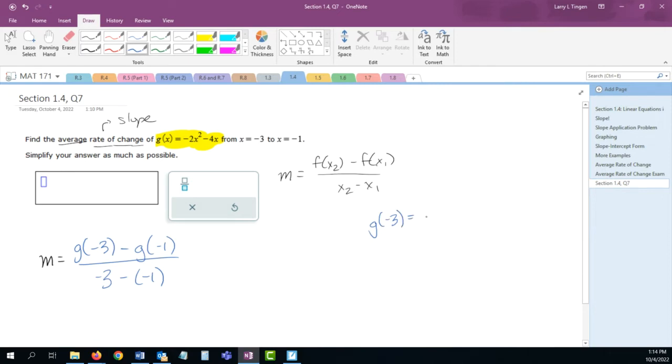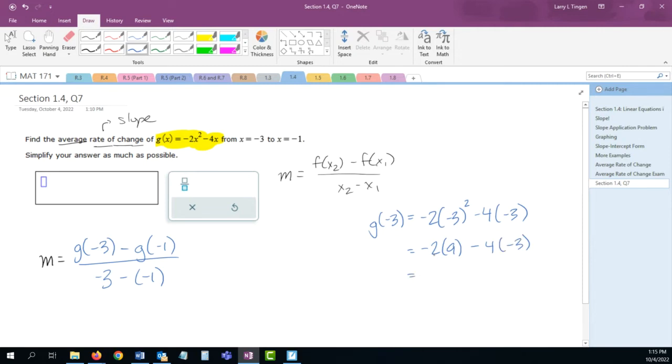G at -3 means take -3 and plug it in for x. So I've got -2 times -3 squared minus 4 times -3. Order of operations says I've got to deal with this power first. -3 squared is 9, and I wrote 9. And I don't know why. Minus 4 times -3.